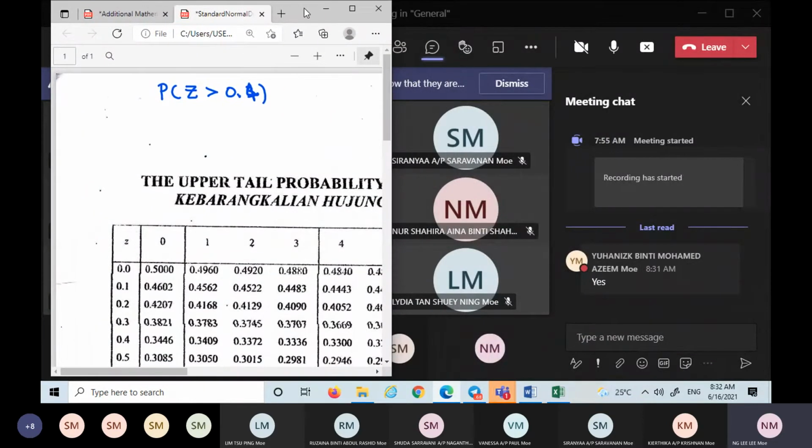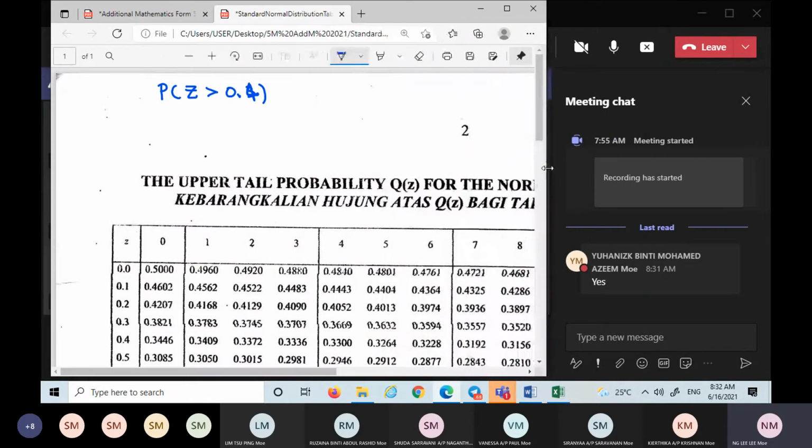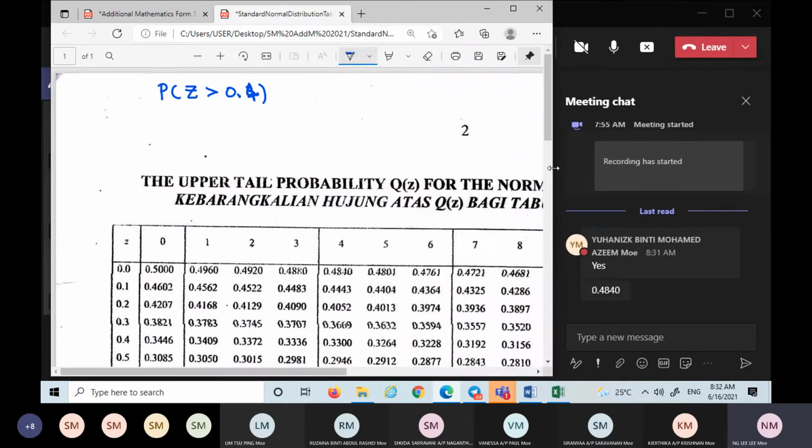What's the answer? Okay. 0.4840. How did you get 4840?